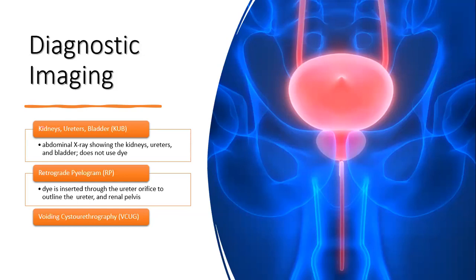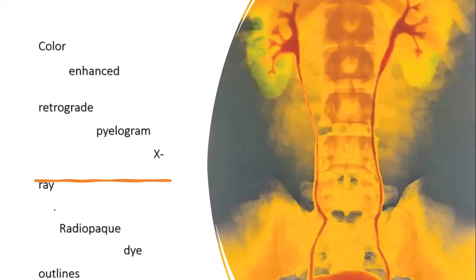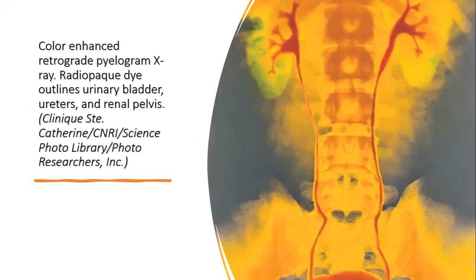We use voiding cystography mainly to see the bladder, urethra and bladder neck, to rule out if there is vesicoureteric reflux, VUR. Colored enhanced retrograde pyelogram X-ray. Endoscopic procedure.